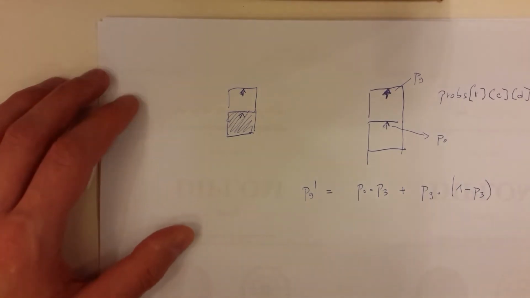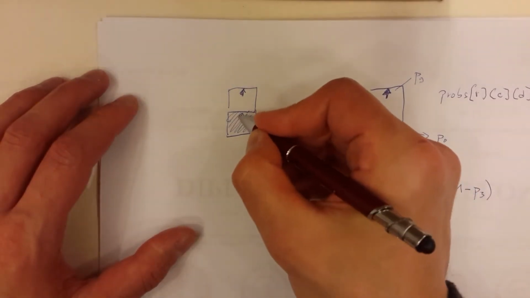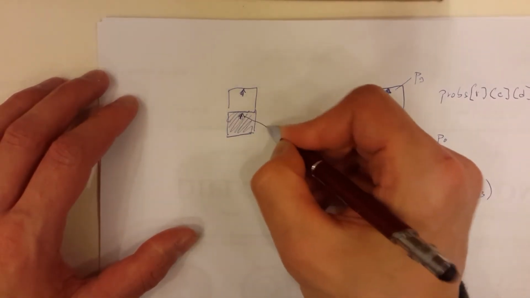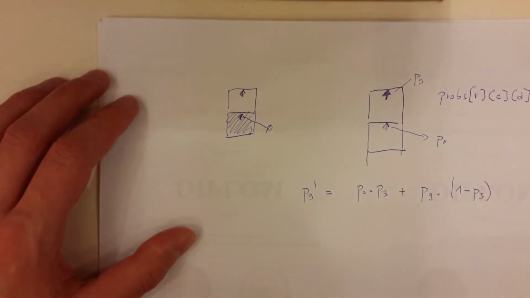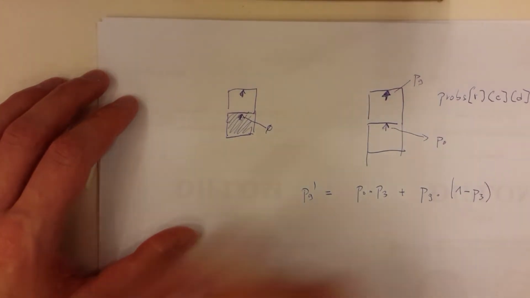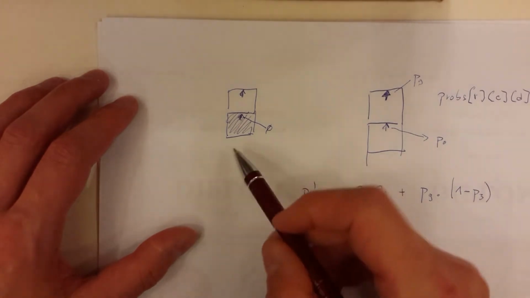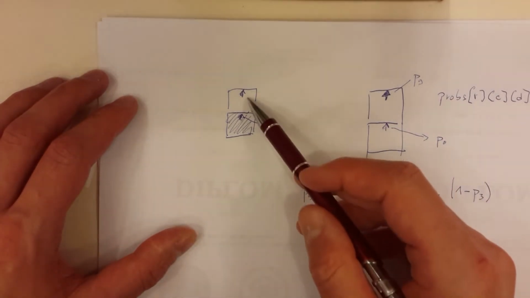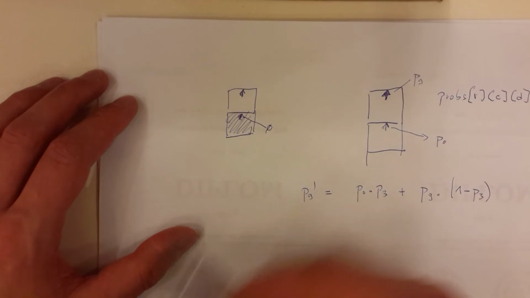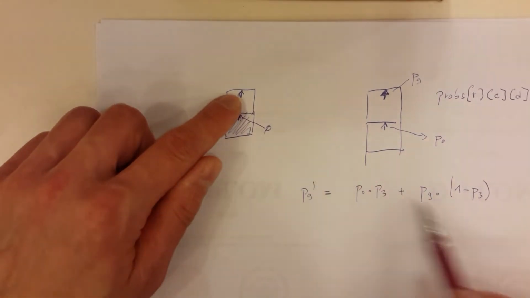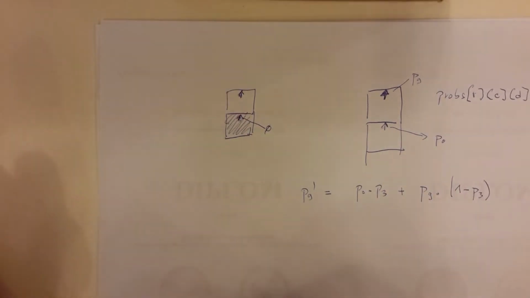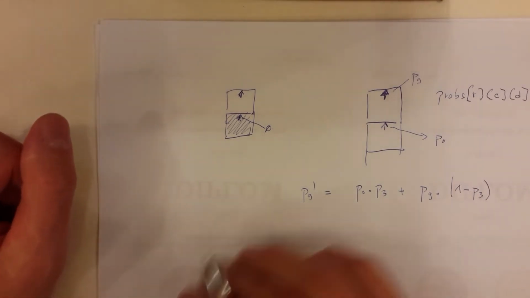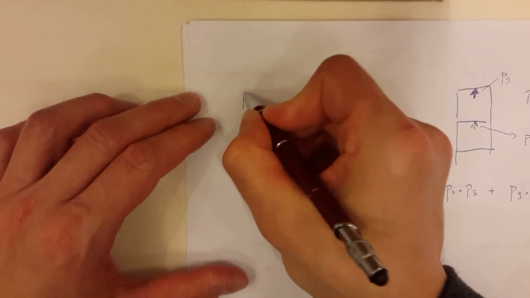And that's fine, because if it is a wall, the probability of this position is 0. So even if we multiply 0 times P3, we get 0. So it could not get here by making the step. It could only get here by staying there with the probability 1 minus P3. That's fine. But the other funny situation is the other way around.